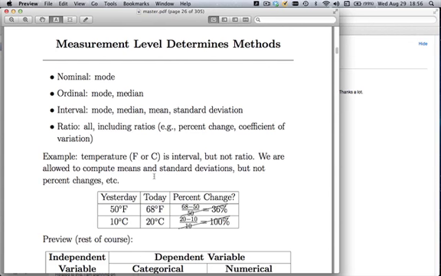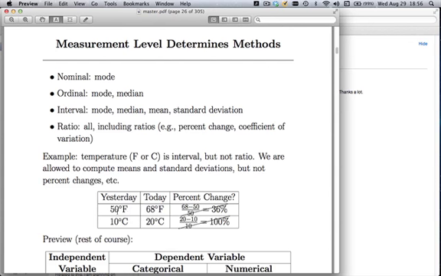Here's a little more subtle example. Very often we want to compute ratios of variables. So one instance of this is in a percent change.